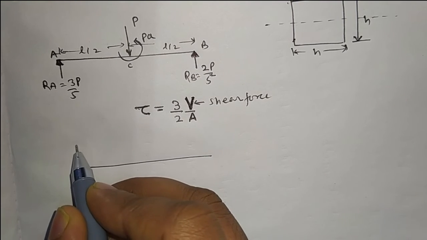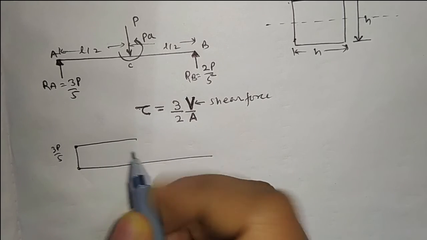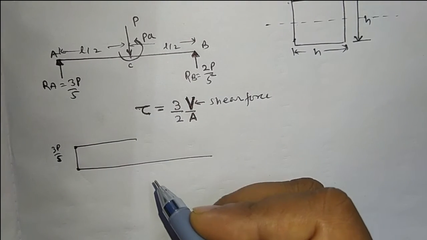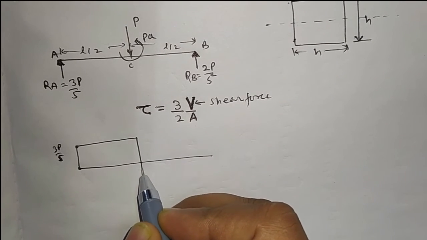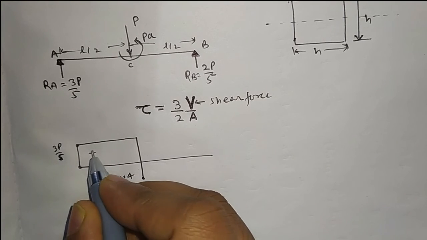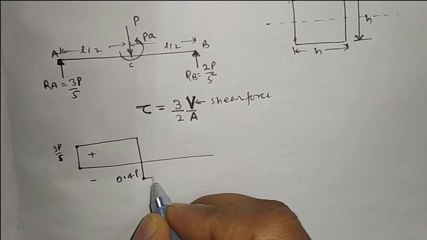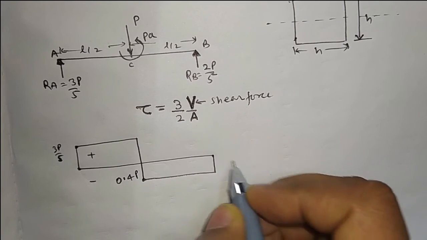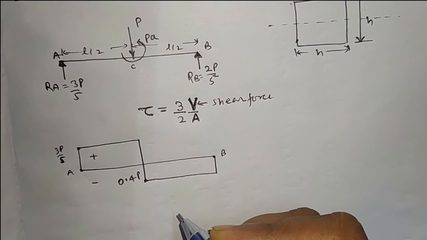At A there is 3P by 5, up to C it remains constant, and at C there is a point load of P in the opposite direction, so it will become 0.4 P in the negative axis. Here it is positive, negative 0.4 P remains constant, and then it becomes zero at point B. So this will be the shear force diagram.